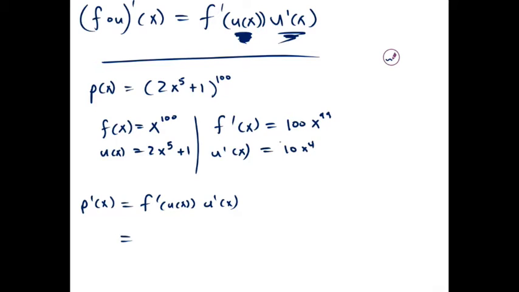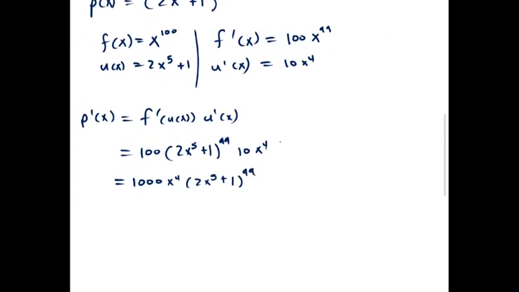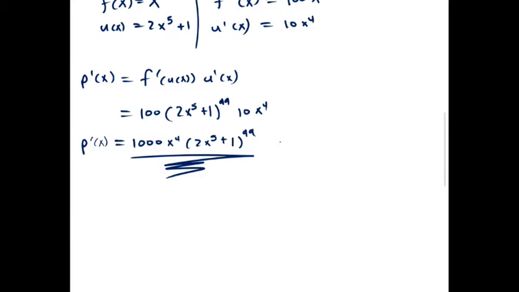Well, f prime of u would be 100u to the 99th power, u being 2x to the fifth plus 1, times u prime, which is 10x to the fourth, which gives us 1,000 times x to the fourth times (2x to the fifth plus 1) to the 99th power, which is a lot easier than multiplying out (2x to the fifth plus 1) to the 100th power and then taking the derivative of that.